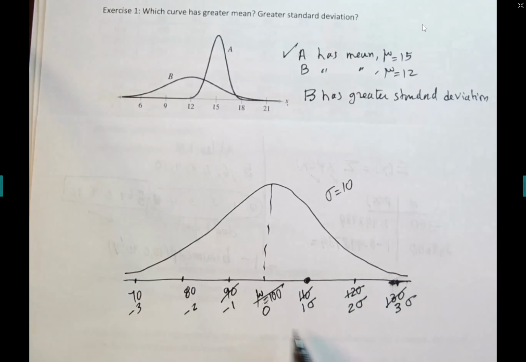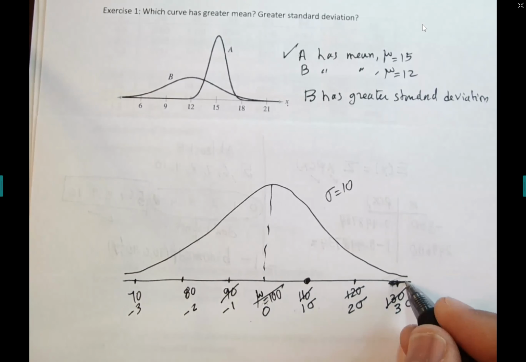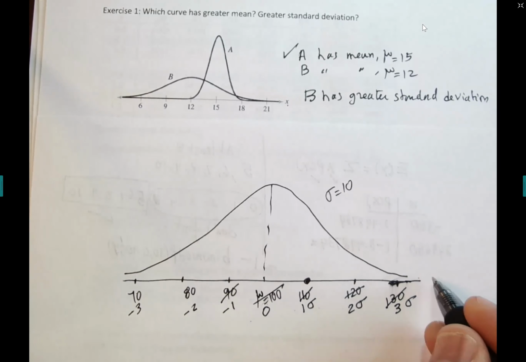Those labels 0, 1, 2, 3, -1, -2, -3 are called z-scores, guys. Z-score of 1 means this number is 1 standard deviation above the mean. Z-score of 2, this number is 2 standard deviations above the mean. So the labeling here is going to change. Instead of X, it's going to be labeled as Z. And look what I have now.